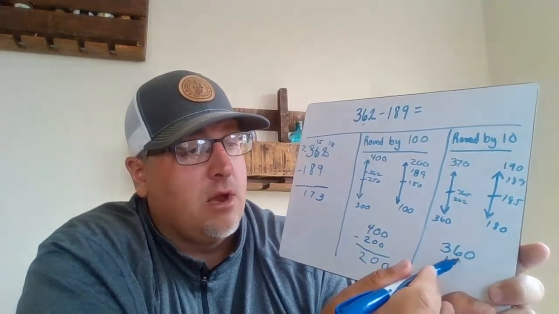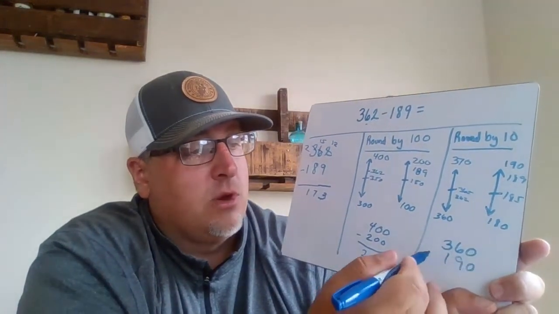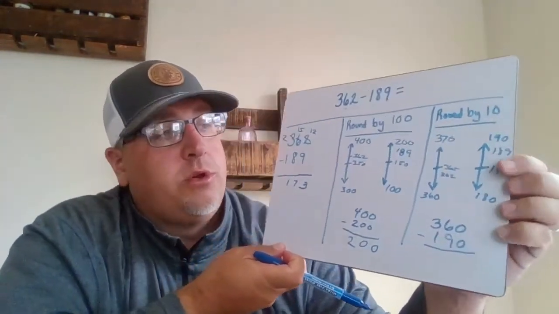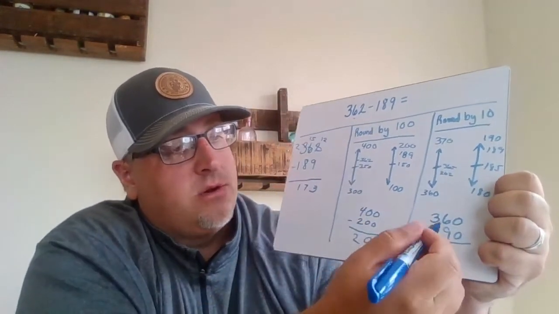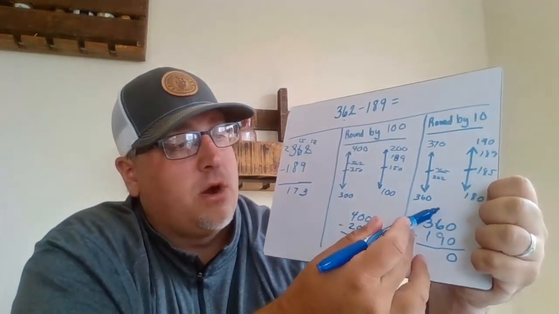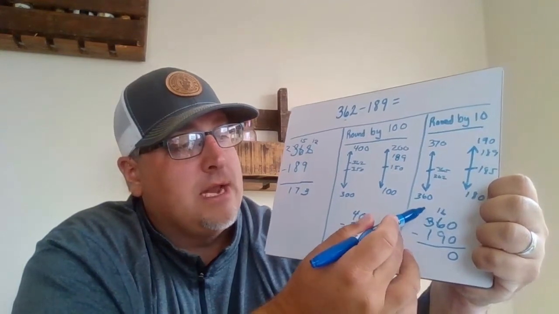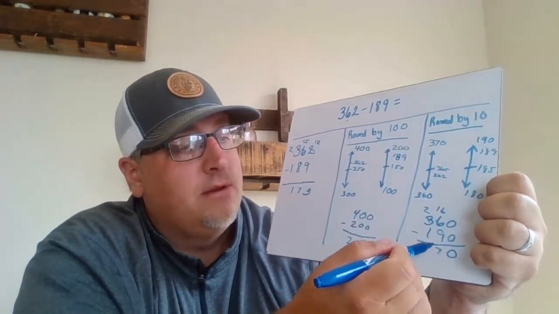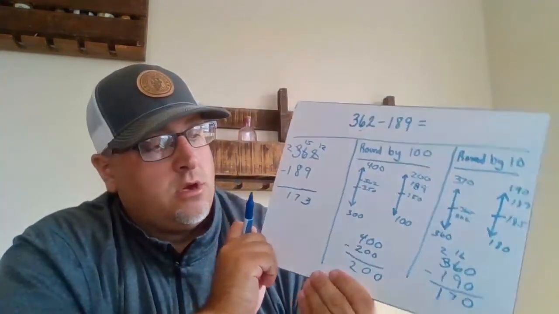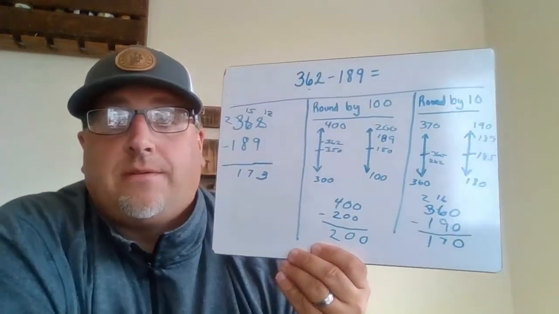So we know we're going to round up to 190. And then we do our subtraction here. 0 minus 0. We're going to have to borrow here, 16. Make that a 2. We know that's 7. And that's 170.